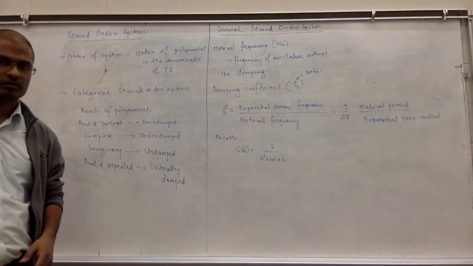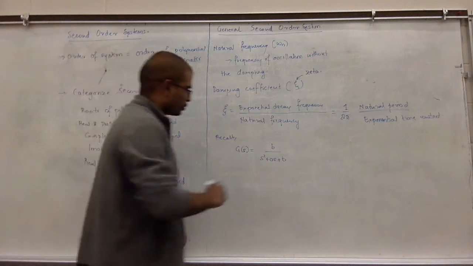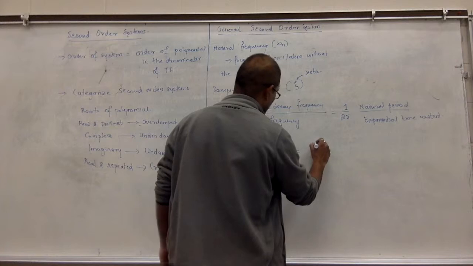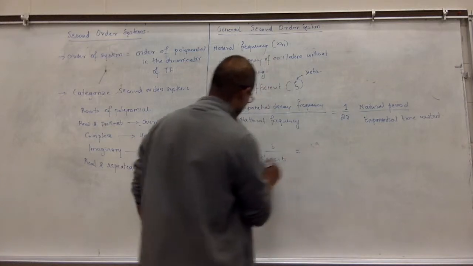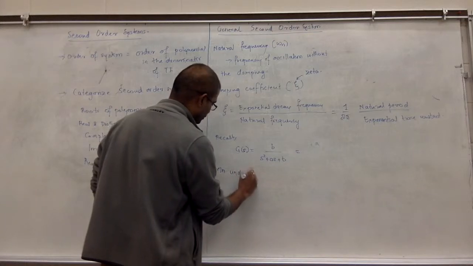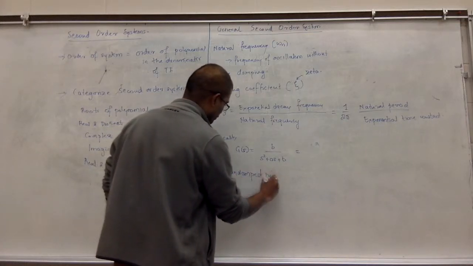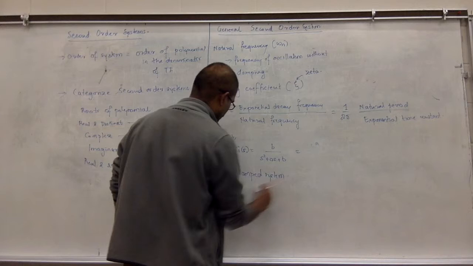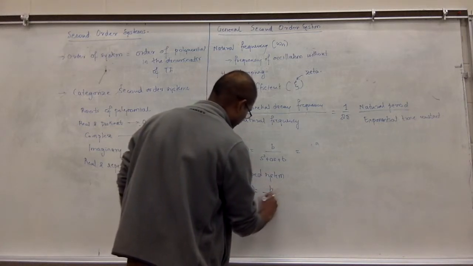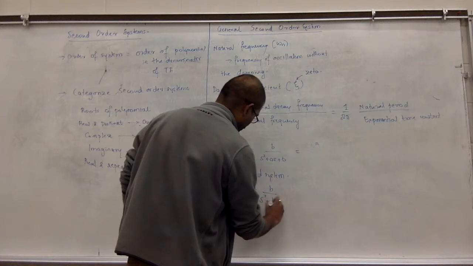So what would that mean? What would the system look like? An undamped system would be b over s square plus b.